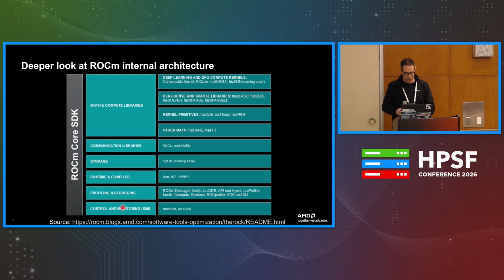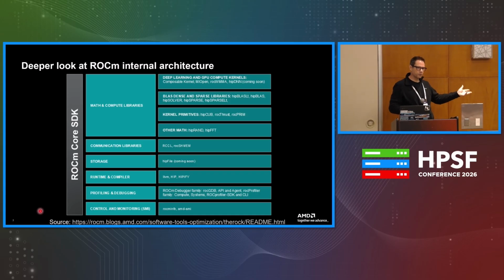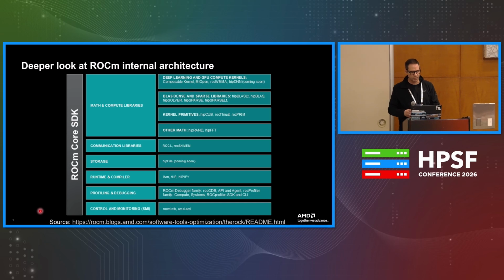One thing that, if you're not familiar, ROCm SMI is being deprecated. A lot of its functionality has been absorbed into AMD SMI, and so if you're developing new products, or if you currently use ROCm SMI, you should probably be transitioning to AMD SMI.